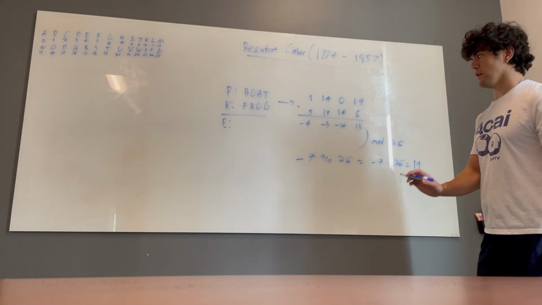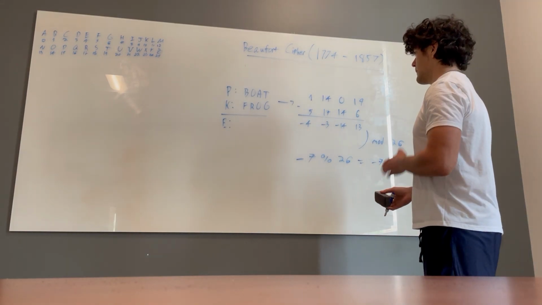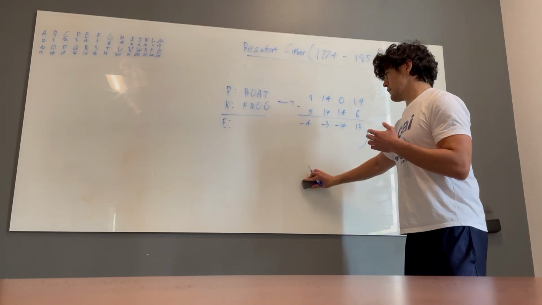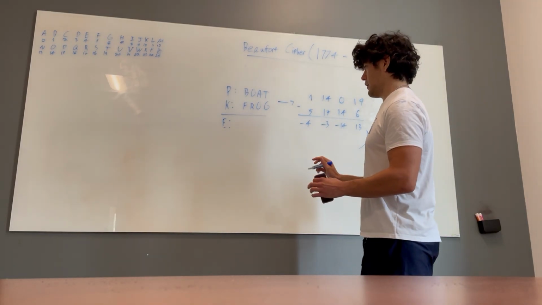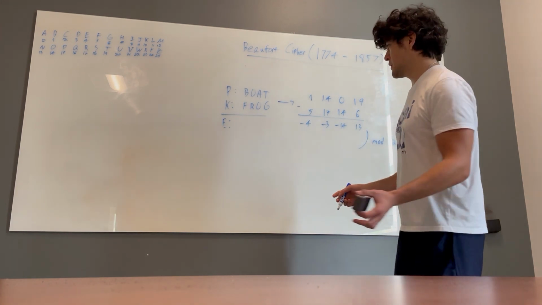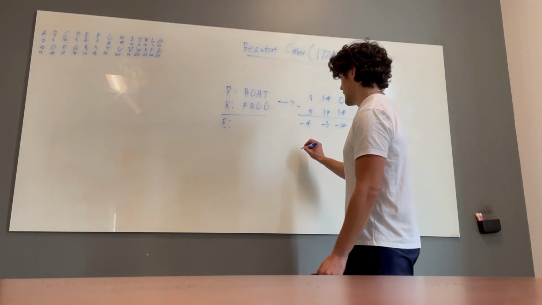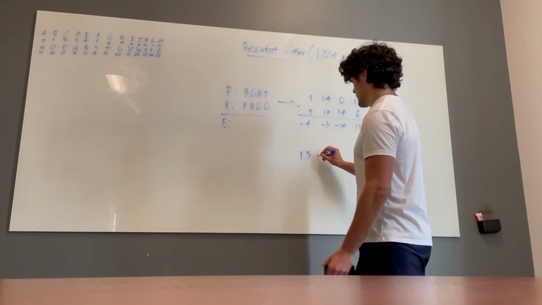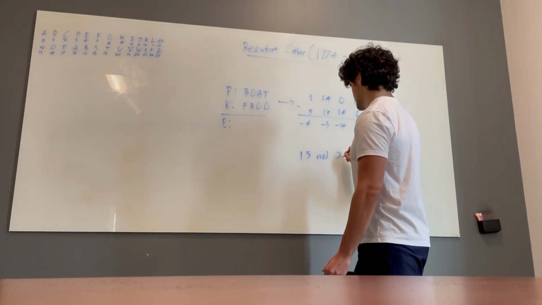That's how we do negative modding. And lastly, how do we deal with numbers that are less than 26? Before, 60 was greater than 26, and then we did negative numbers. So what if we have something like 15 mod 26?